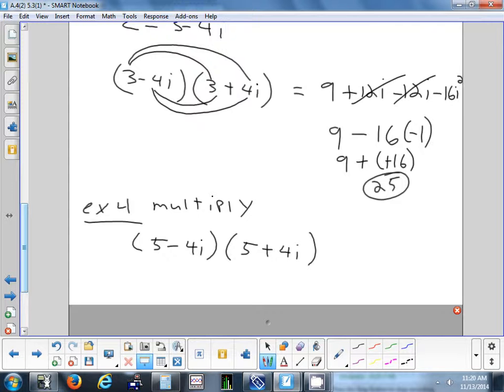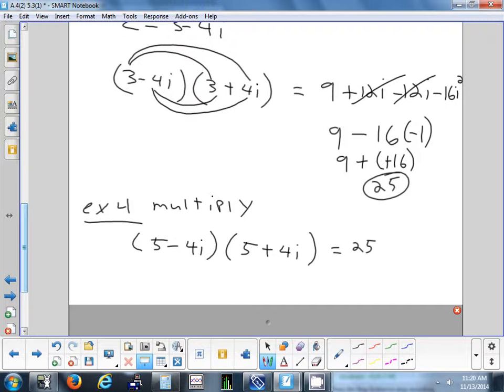Looking at this problem, I already know the answer is 41. Okay, let's see how I did that just by looking at it. I know I'm going to do 5 times 5 and get 25. When I do 5 times 4i and 5 times negative 4i, those are going to cancel, so I don't need to bother with that part.